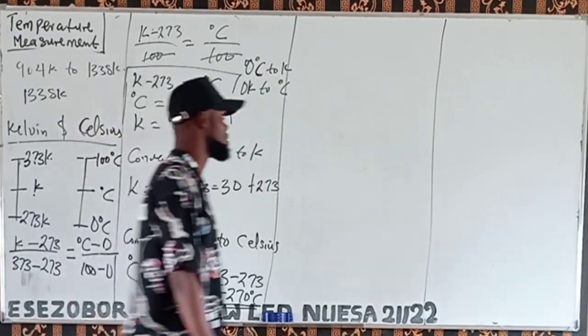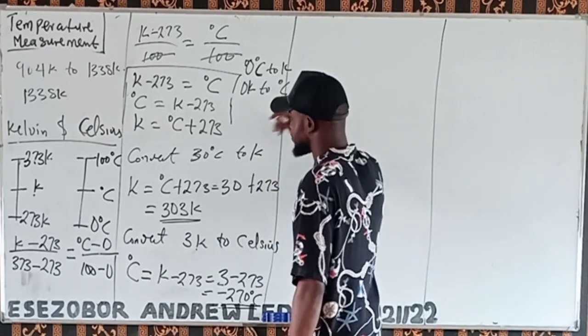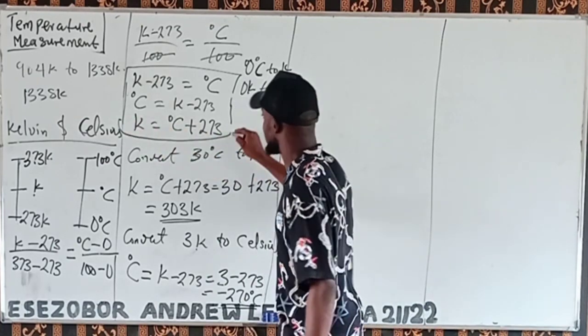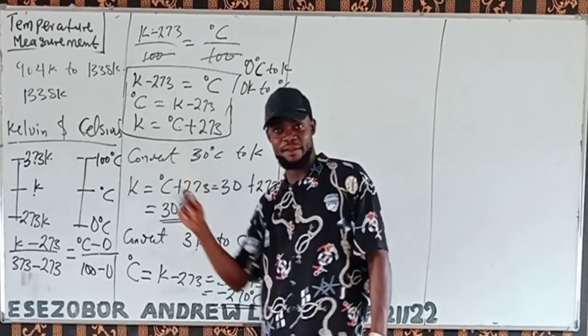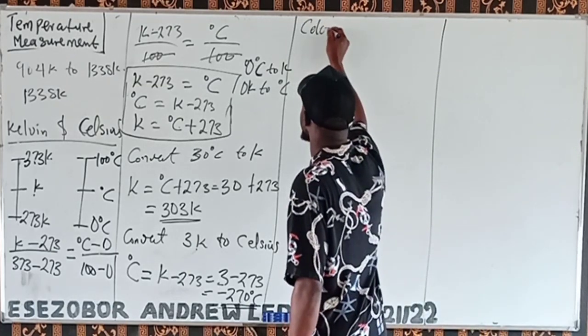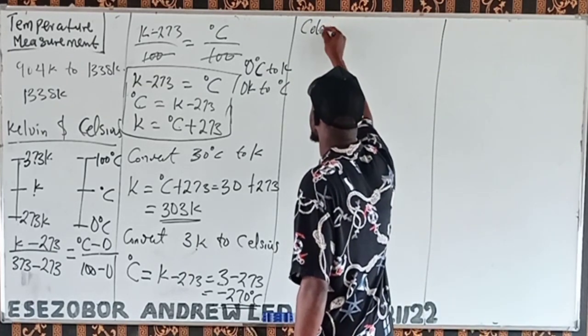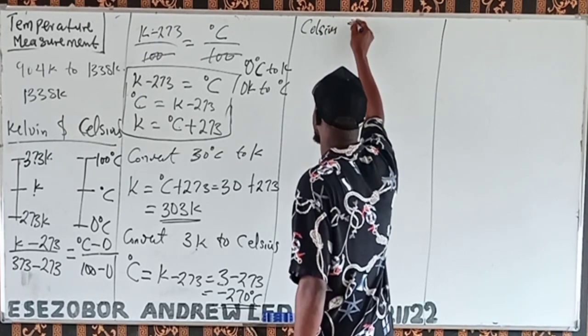Go and do it to check that we get the answer. That is very, very important. Remember the lines from Kelvin to Celsius and Celsius to Kelvin. Take note of that. Let's do another one, Celsius and Fahrenheit.